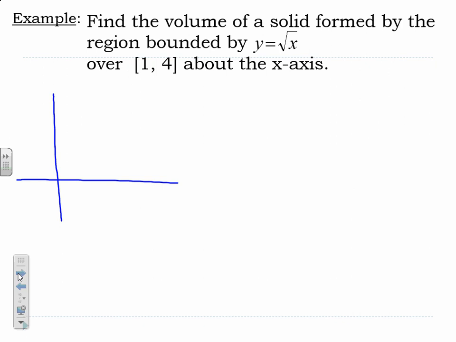Square root of x. Best function to graph, right? Maybe not best, but nice. So we have the square root of x, but only from 1 to 4. I don't really care about this other stuff, right?